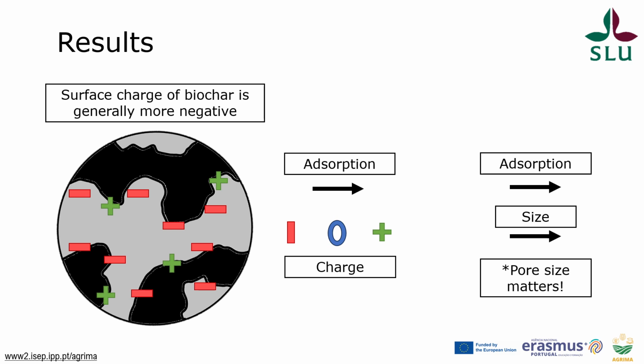On the other hand, we also see, as previously shown, that the absorption does seem to increase with size. As the pharmaceuticals become bigger, when they transfer into the pores, it's harder to move them out.